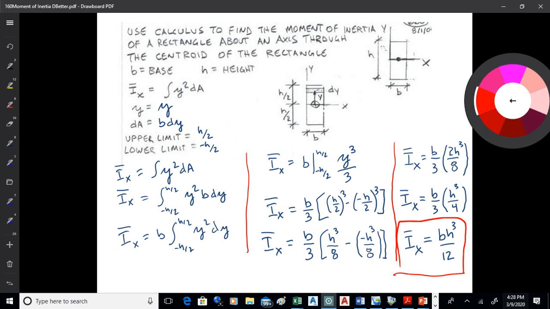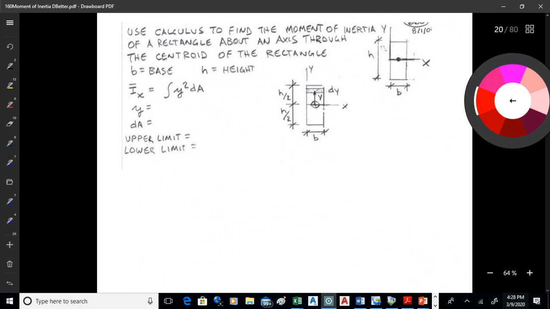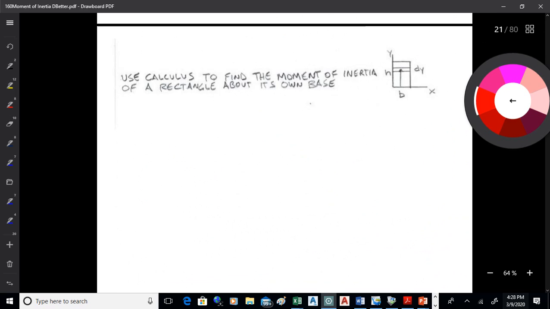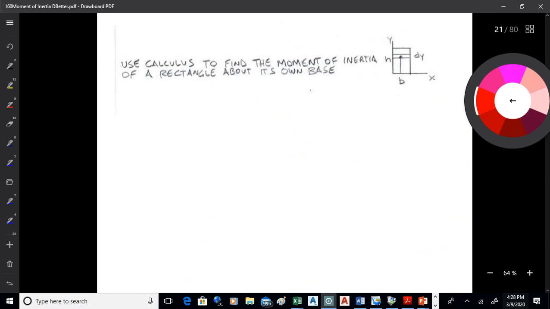Middle right. All right, now where they put the axis matters. So that's the axis through the centroid. If you put the axis on the bottom, you go through a similar integral, except the limits are different. Instead of going from negative h over 2 to h over 2, you're going from 0 up to h.